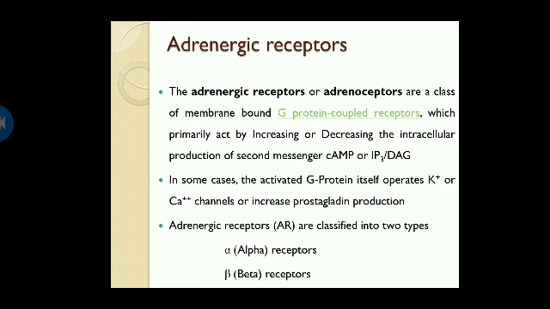So first, they increase or decrease the production of second messengers cAMP, IP3, and DAG. Second, in some cases the coupled protein receptors themselves operate potassium or calcium ion channels or increase prostaglandin production. The third point is that they are classified into two main categories: alpha and beta receptors.